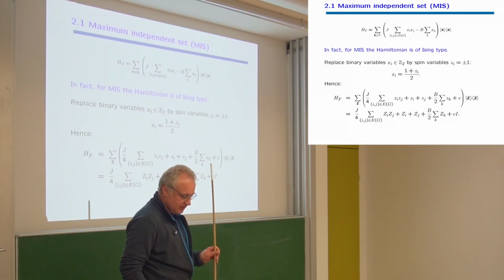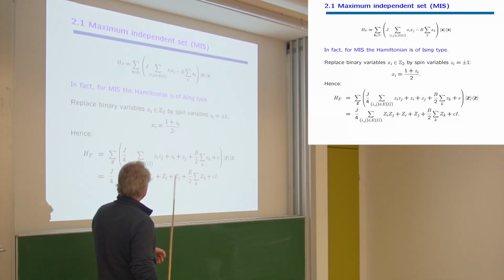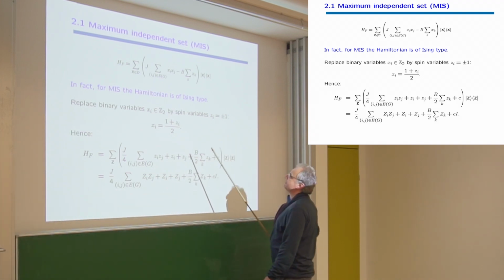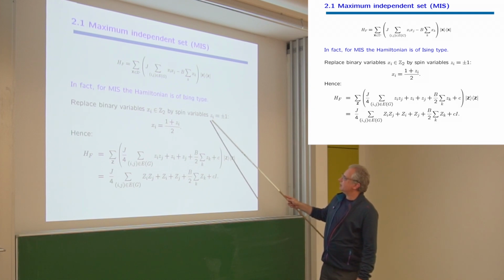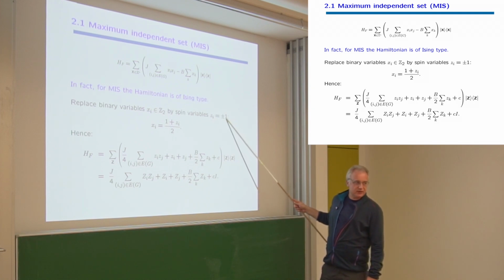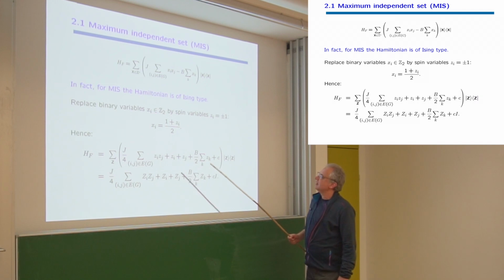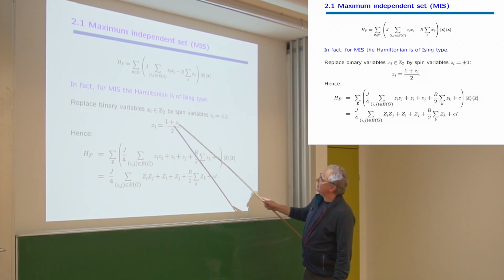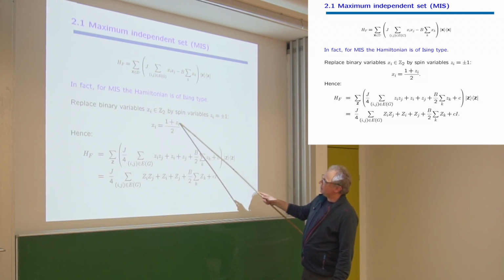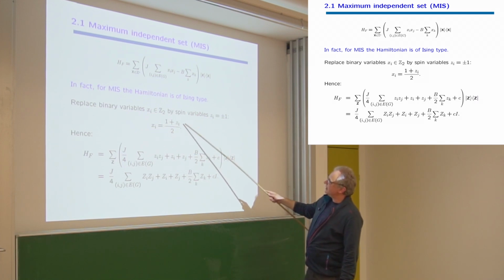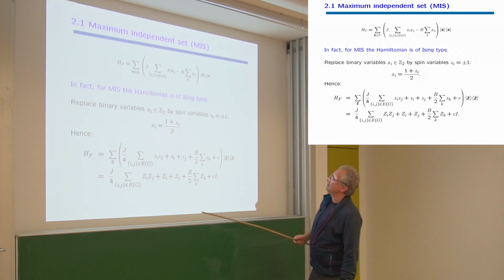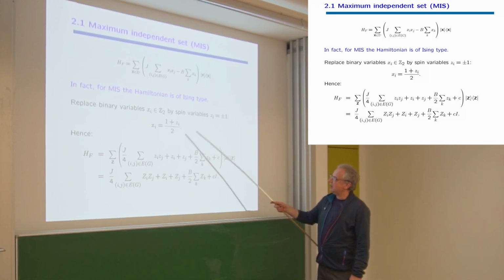Let's belabor this point a little more and switch from binary variables, 0 and 1, to spin variables, plus and minus 1. This is more natural for the physicist. You can easily check that z_i equals minus 1 maps to x_i equals 0, and z_i equals 1 maps to x_i equals 1. So we have replaced these binary numbers by spins up and down.